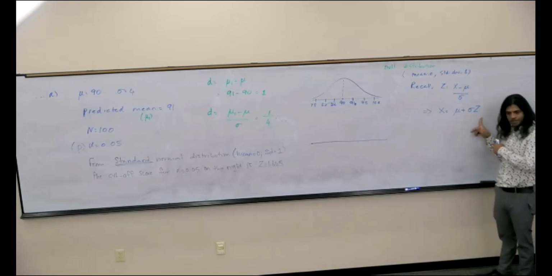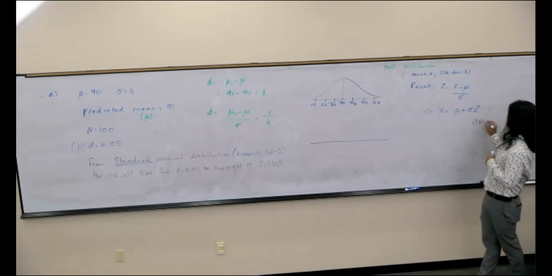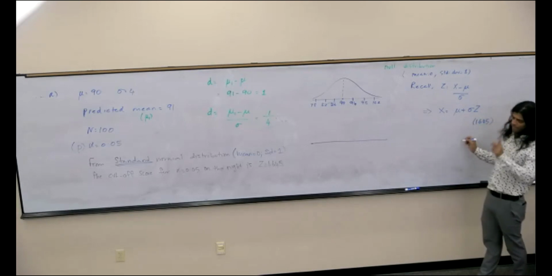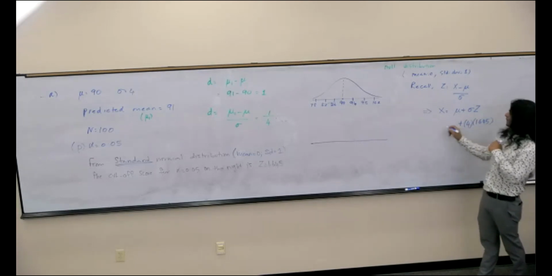Now I know what the cutoff score is. Yes, 1.645. I know the standard deviation. It is given in the problem, for mean 90.